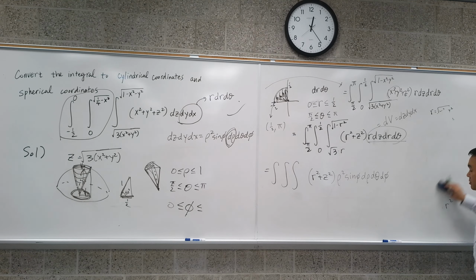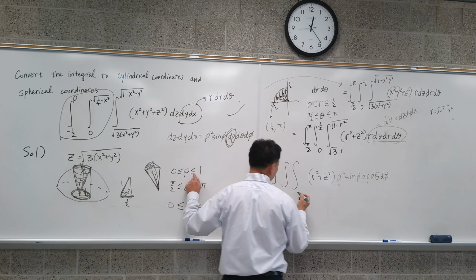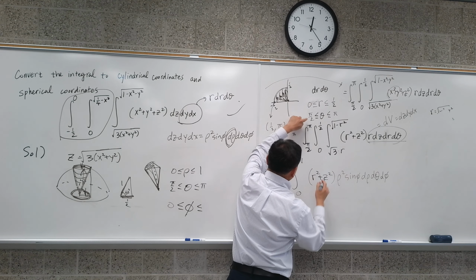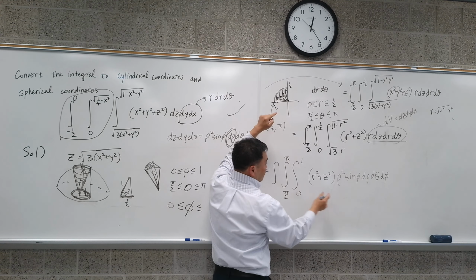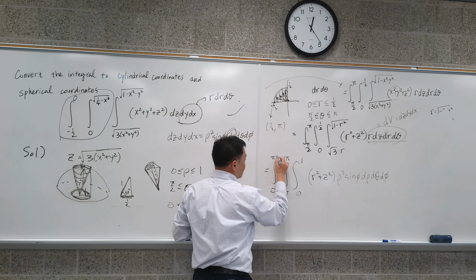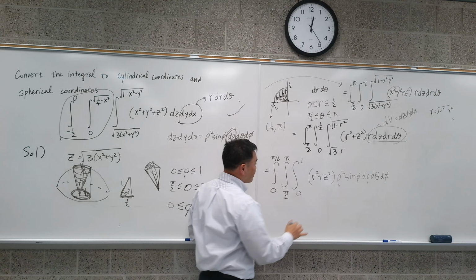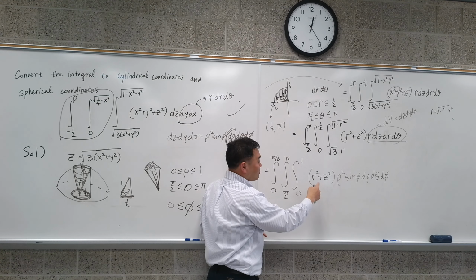Okay, so let's continue on. For d rho, we decided it should be between 0 to 1. For d theta, between pi over 2 to pi. And for d phi, we just figured out it's between 0 to pi over 6. So we are almost there. The only difference now is that this r squared plus z squared should be changed to rho squared, but we just did that.